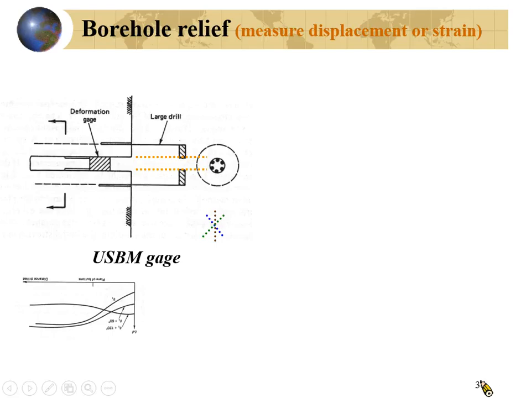I will introduce you to a USBM gauge, which was developed by the U.S. Bureau of Mines in the U.S. So you will have a gauge like this, and you will have 6 pins inside the gauge.